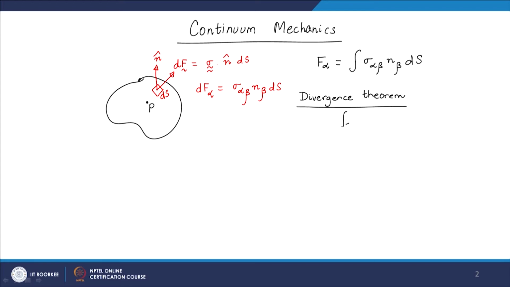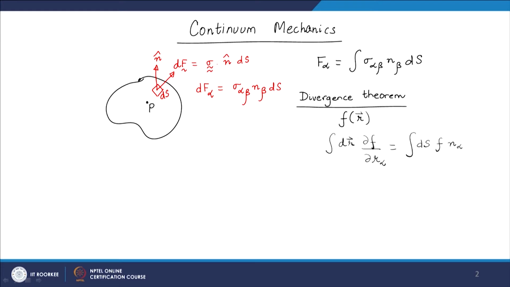That is, for any function f of r, I can write the integration over the volume of its derivative as equal to the integration over the surface of f dotted with the n, or if I want to work in Einstein notation, I will use an r alpha here and an n alpha here.